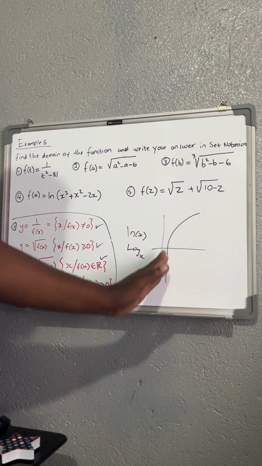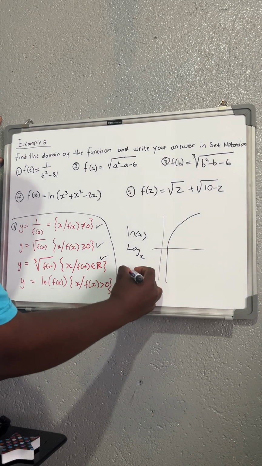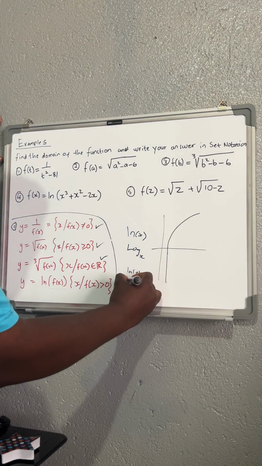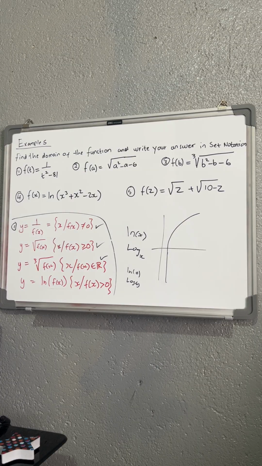It is steep, then it starts going flat as it goes to the top. So with your ln and your logs, you can't have ln of 0 and you can't have log of 0. Your ln of 0 and log of 0 are basically undefined. You see? So those are the key things that you have to notice.